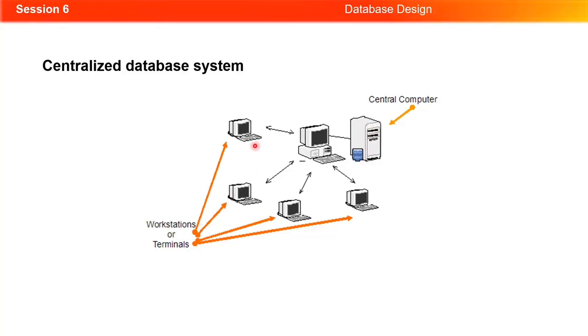And then we can see the workstations, nodes, or terminals that access this data either through applications or through some types of reports. We can also see that this potentially could have some vulnerabilities, because if anything brought this site down, all of the applications would be down.